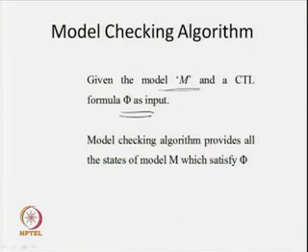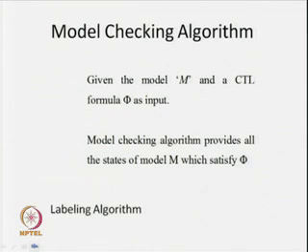The model checking algorithm provides all the states of model M which satisfy phi. We give a model M and a CTL formula phi, and we collect all the states of M where the formula phi is true. Ultimately, we are coming up with a labeling algorithm.